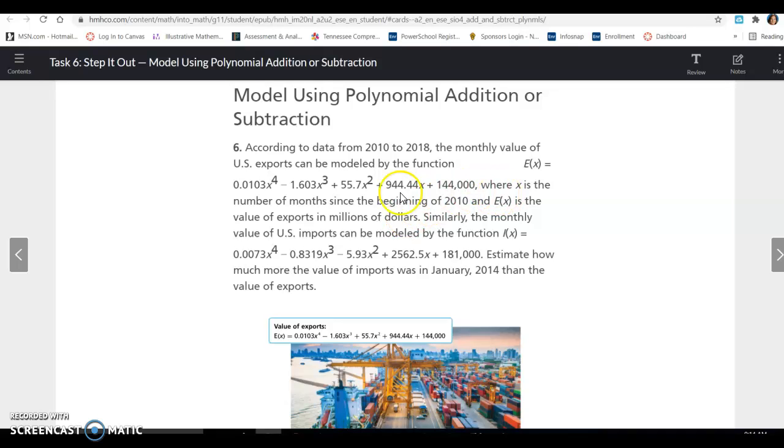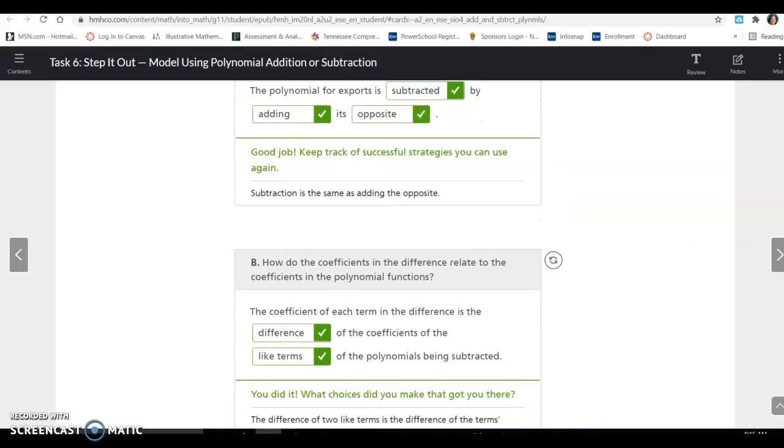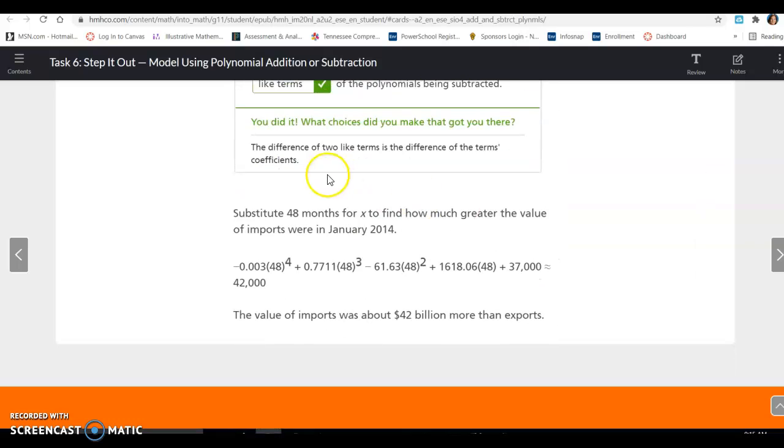So x is the number of months since the beginning of 2010, in millions of dollars. So since this is from the beginning of 2010 to get to January of 2014, that's 4 years. So 4 times 12 months is 48 months. So that's where the 48 comes from. So substitute 48 for x to find how much greater the value of imports were in January of 2014.